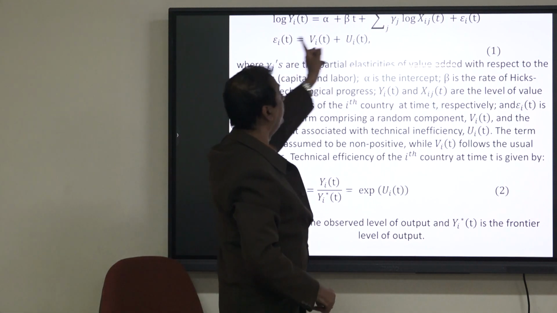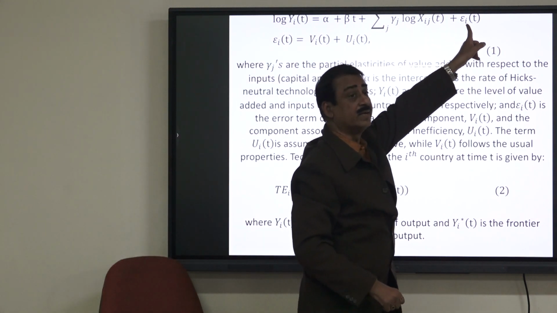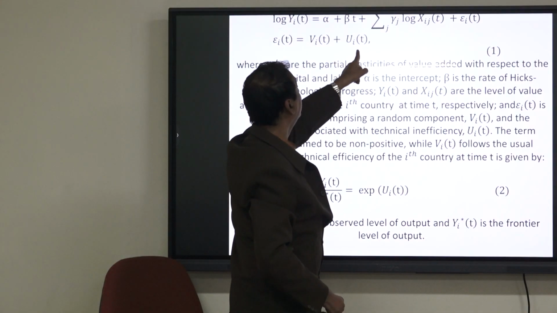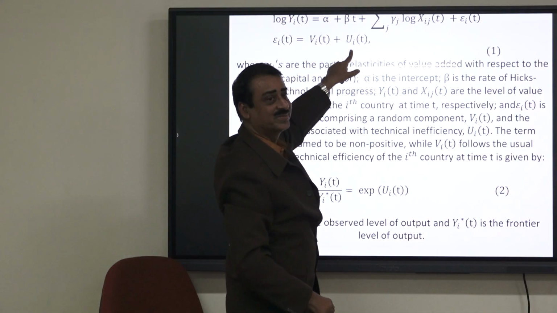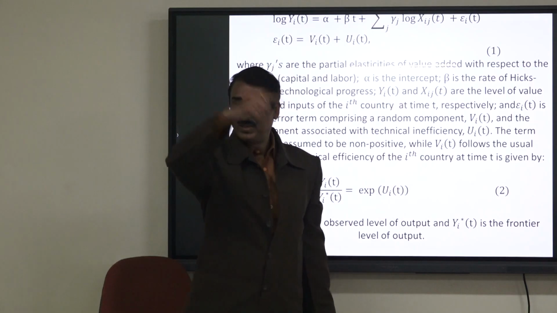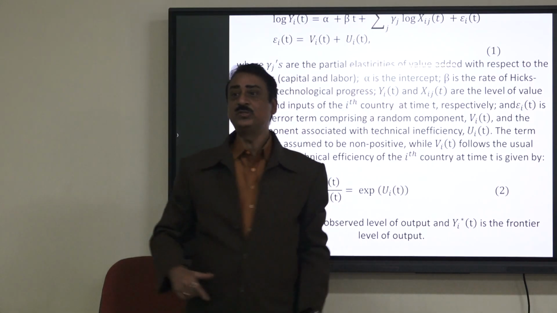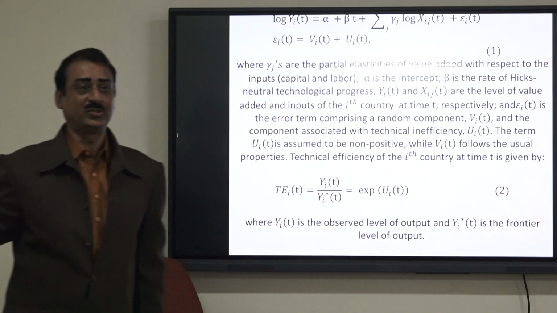And then you are imagining that this aggregate error term is composed of 2 error terms: V, the normal distribution, and U, which follows a one-sided distribution.